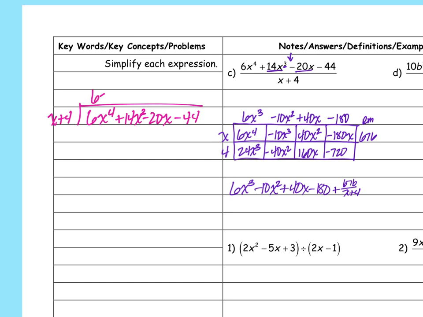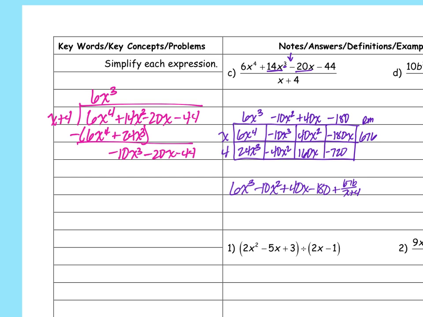So again, this will be 6x cubed, right? So that gives me 6x to the fourth plus 24x cubed. Subtracting gives me negative 10x cubed minus 20x minus 44.